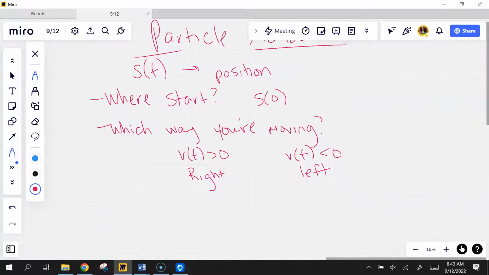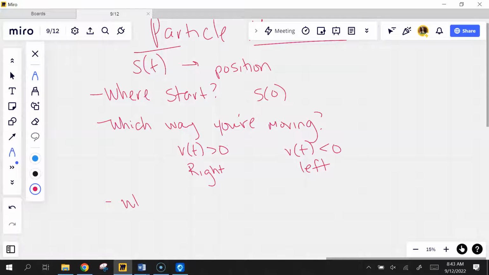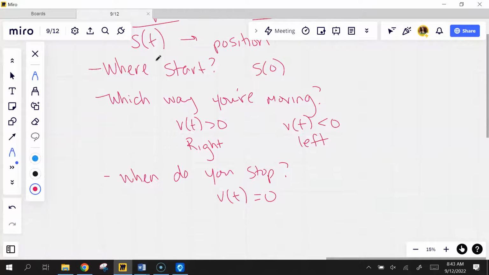When do you stop? When what equals 0? Velocity. Everything's coming back except velocity, right? When do you change directions of velocity?